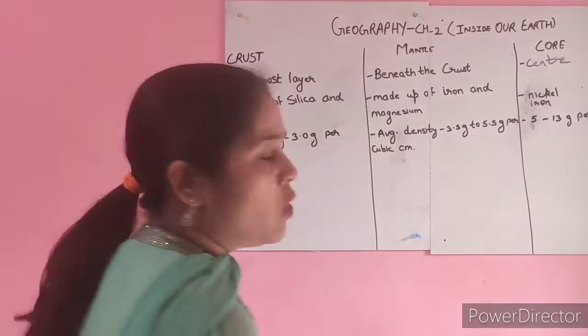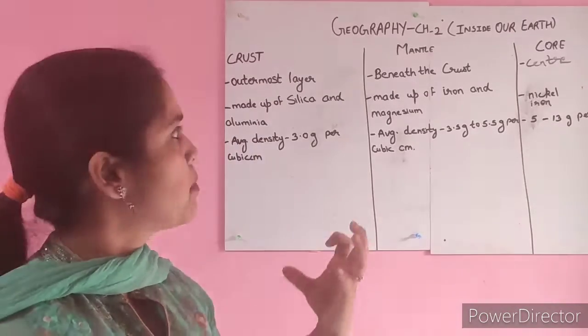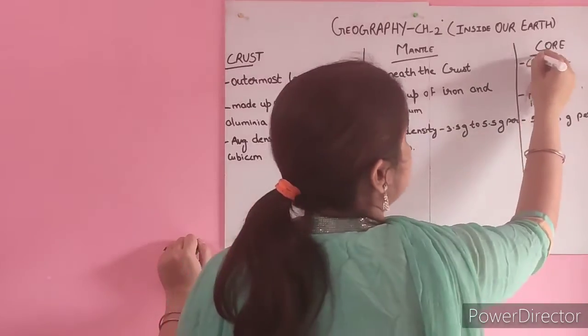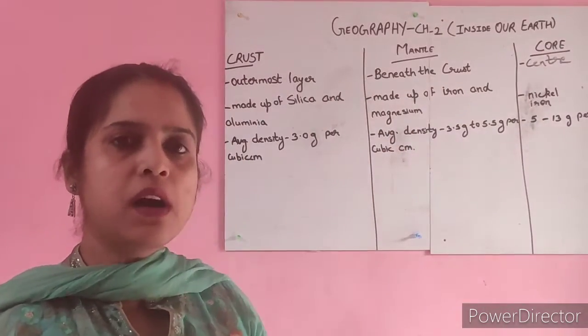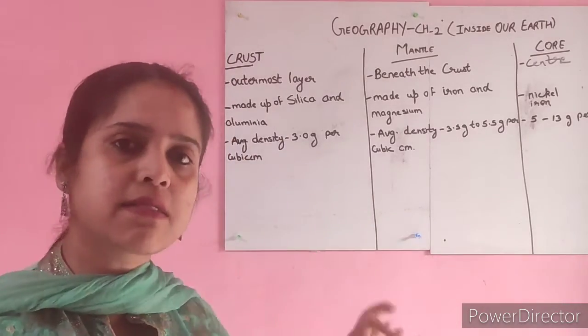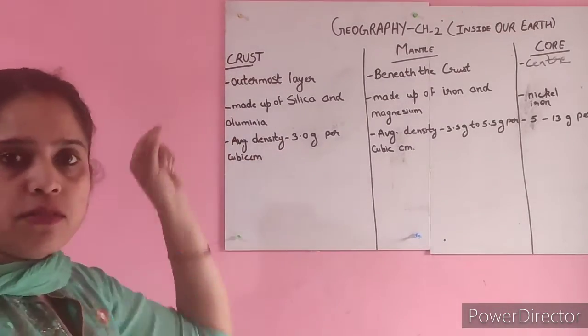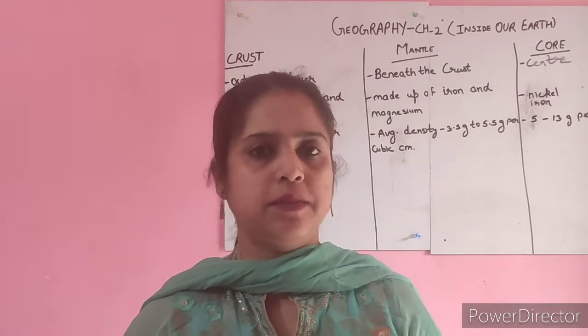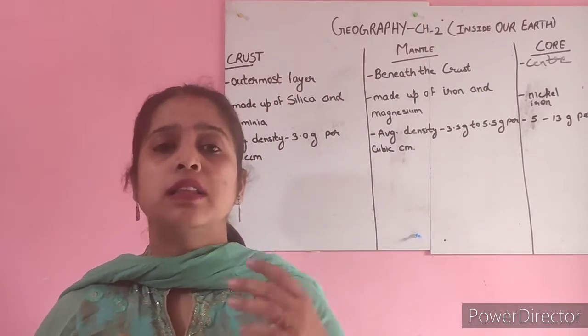Okay, so now let us have a quick comparison of crust, mantle and core. It will be a sort of revision of what we have done till now. So please listen carefully. Crust, you all know, is the outermost layer.